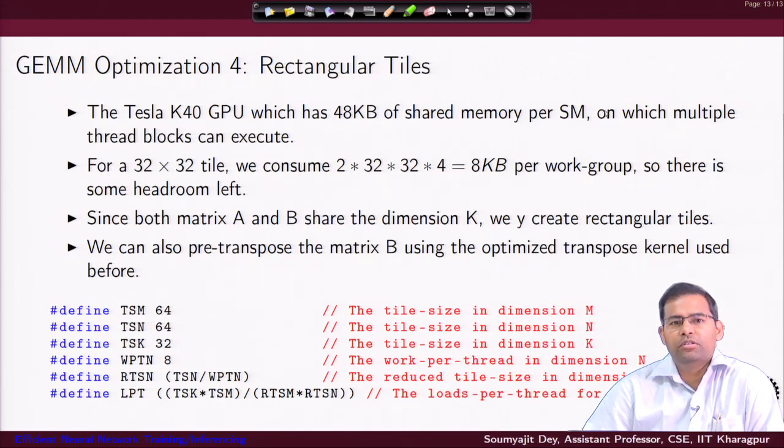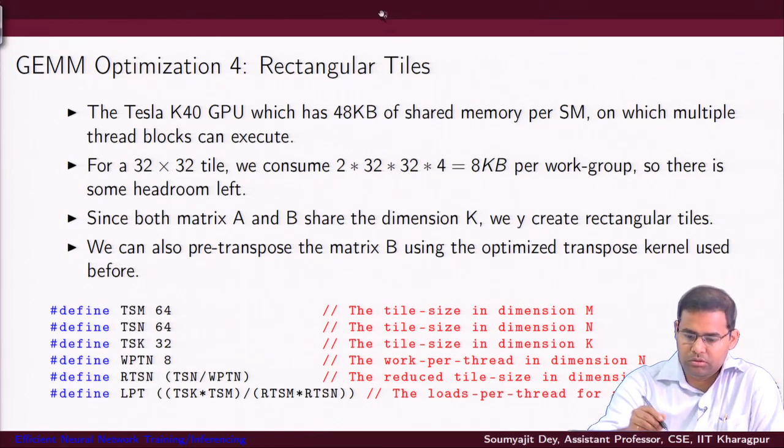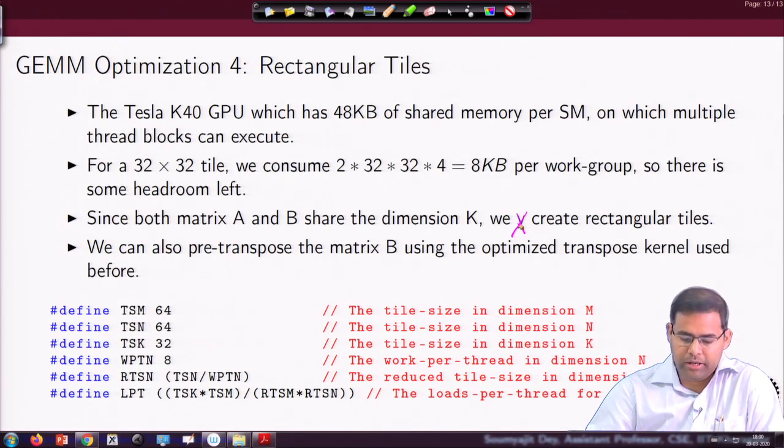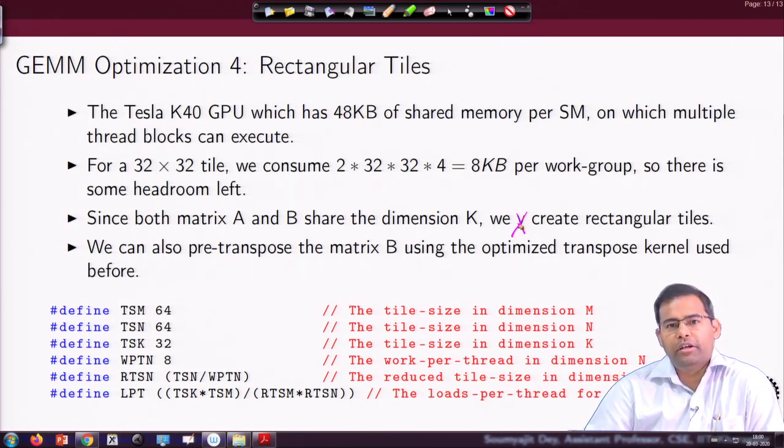So I have more shared memory there. So what I can do is create bigger tiles. So there is a small mistake here. This is called creation of rectangular tiles, and there is also something important that I can do.